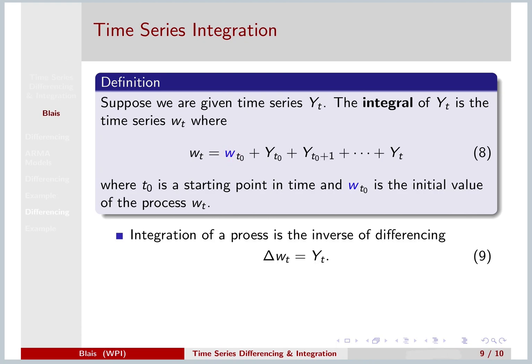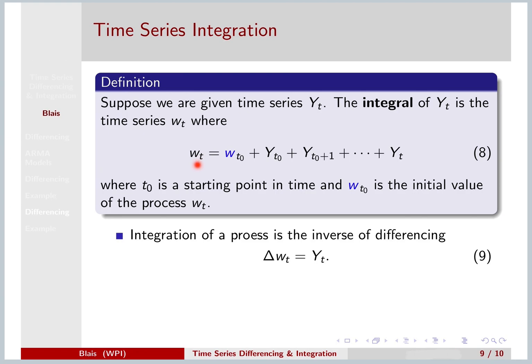You can think of it from what we were saying before. If you difference a time series, you decrease the number of data points in a finite time series. If you integrate, you increase the number of data points, and that requires the addition of an initial condition. Again, similar to how things work when you're doing antiderivatives. And we stated here, integration of a process is the inverse of differencing.